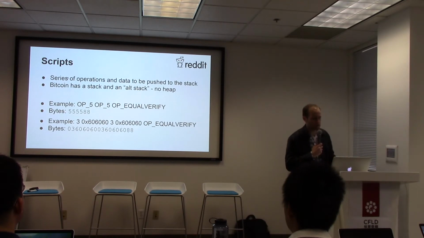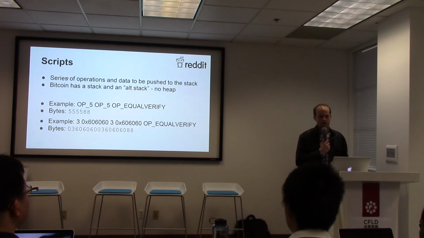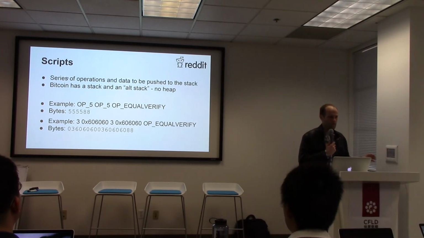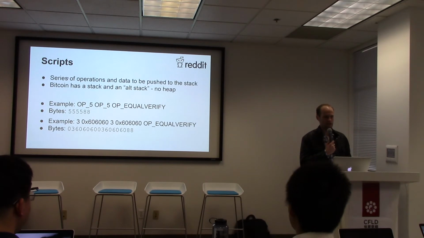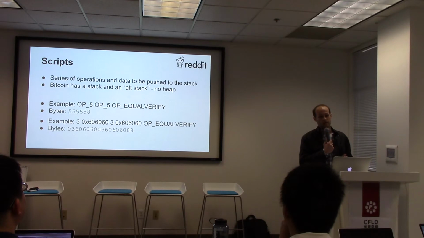A script just consists of a series of opcodes, except that some of the opcodes can be push data opcodes. So your script will contain a number of opcodes, then something that says push 3 bytes, followed by 3 bytes of data to be pushed. In a nutshell, the way the Bitcoin scripting language works is there's a stack and there's an alt stack, but there's no heap.